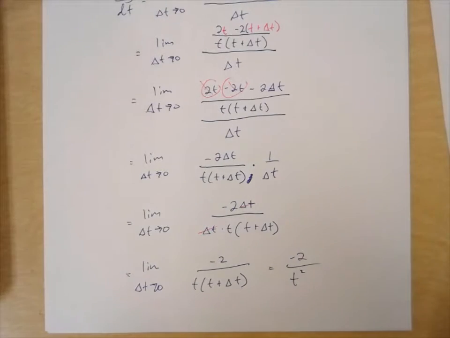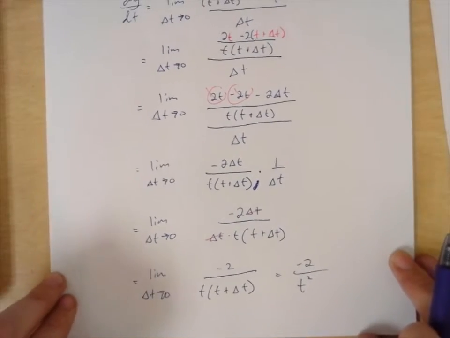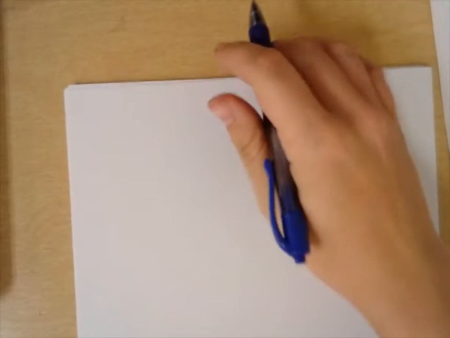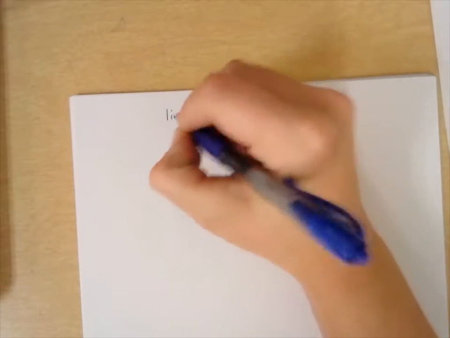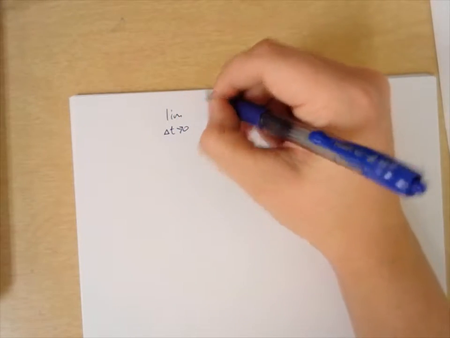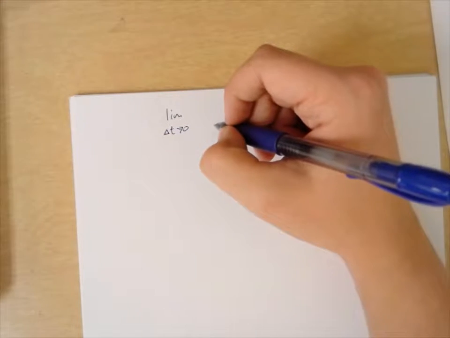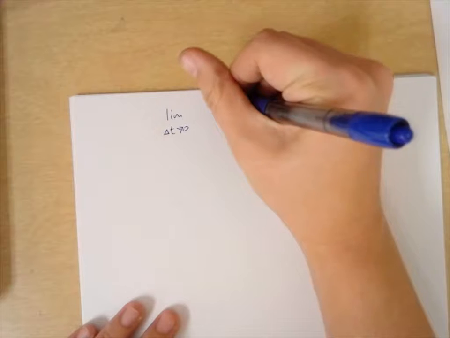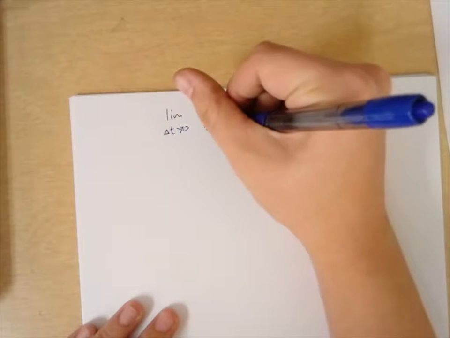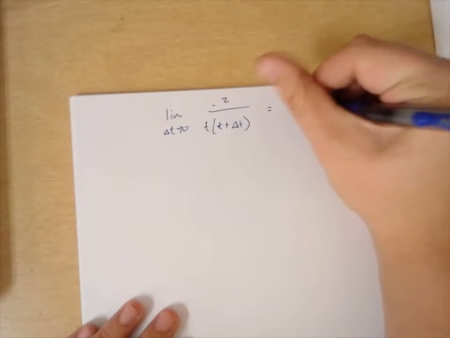And then we want to find the m, right, the slope at that point at 1, 2. So let's do that on a separate sheet of paper. Right, so far what we've found, the limit as change of t approaches 0 for our function, I'm just rewriting what we had, for negative 2 over t outside t plus change of t, we found that that equals negative 2 over t squared.